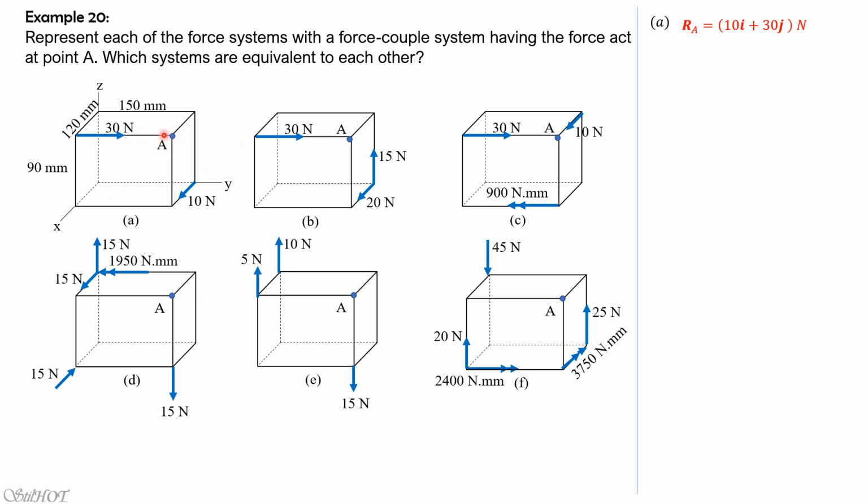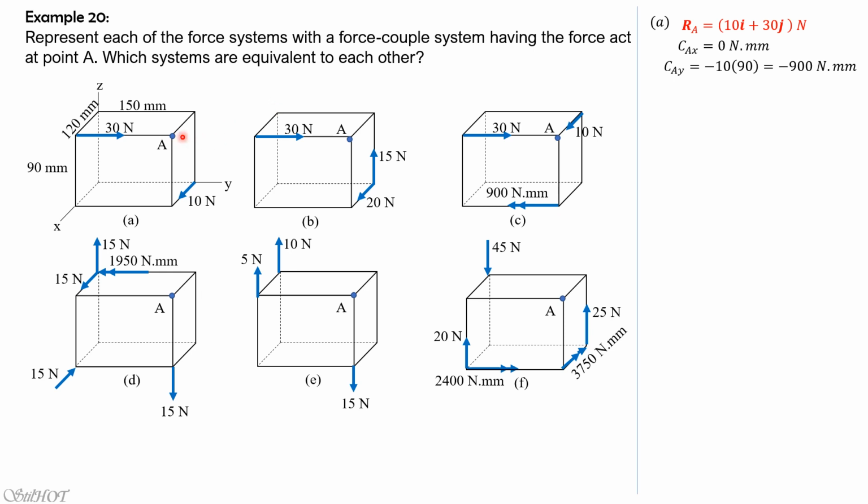This 30 Newton force is parallel to the y-axis, so it cannot produce moment about the AY axis. Then for this 10 Newton force, applying the right thumb rule, position your right thumb towards AY, then it is opposing the curling of the four fingers, so it is negative 10 times 90. So CAX is 0, CAY is negative 10 times 90, so negative 900.